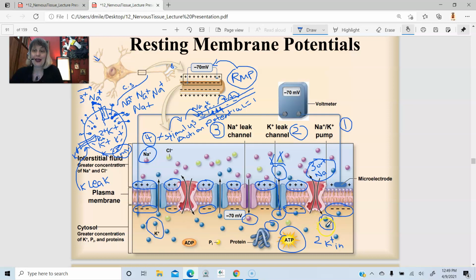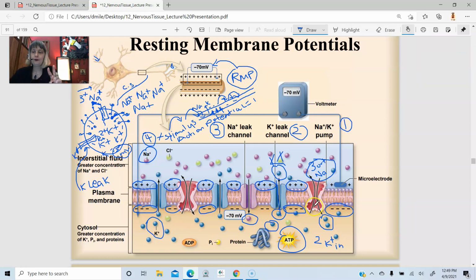Again, based on concentration changes. The concentration of sodium is higher extracellularly at the resting membrane potential, and the potassium is higher on the inside, thus creating a negative environment intracellularly inside the cell membrane. Which, by the way, the phospholipid layer, none of this would happen unless we had these pumps. So that's point number one.